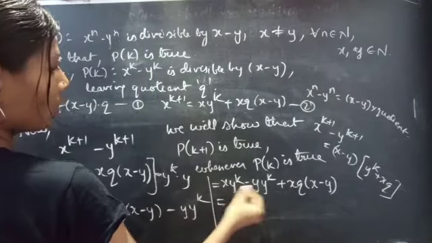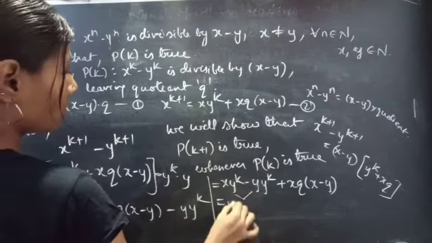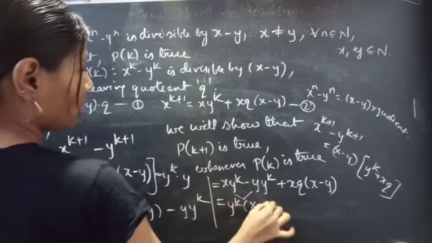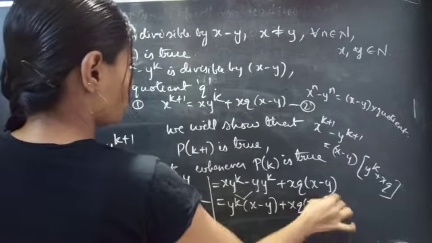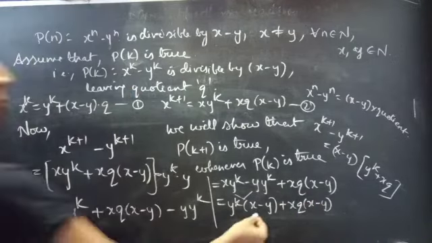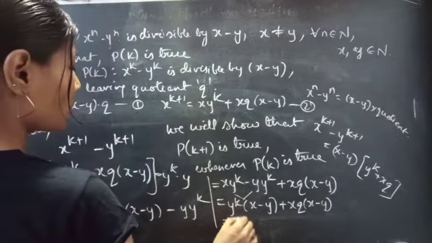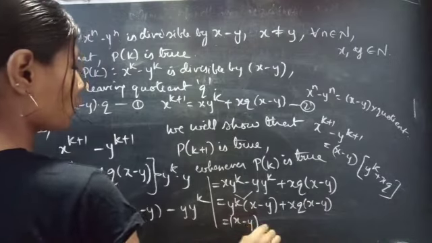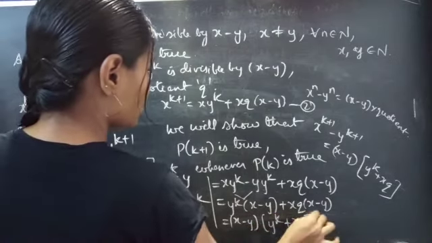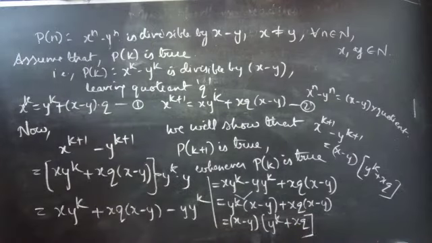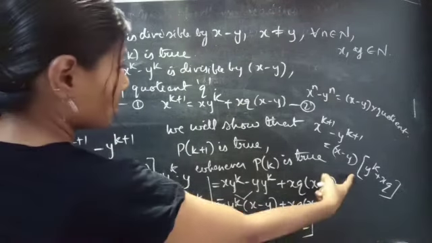Now we can take y power k common from the first two terms. You'll get y power k times x minus y plus x q into x minus y. So notice you're having x minus y in both the terms, and you can take x minus y common from these two terms. You'll get x minus y times y power k plus x cube. The same thing.